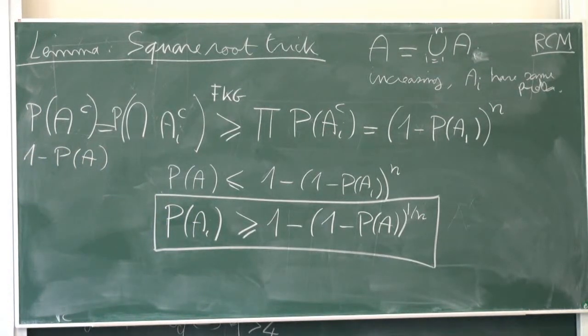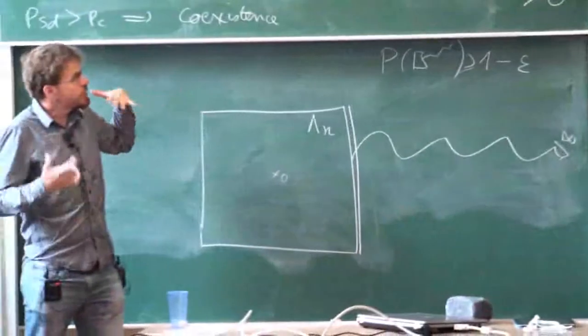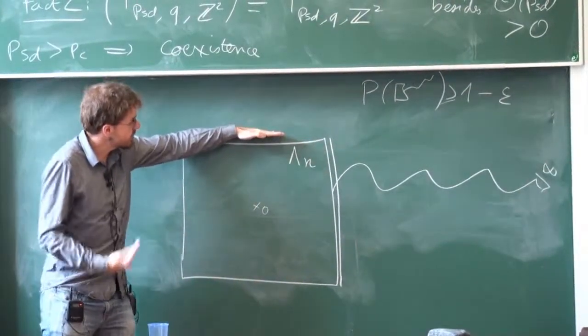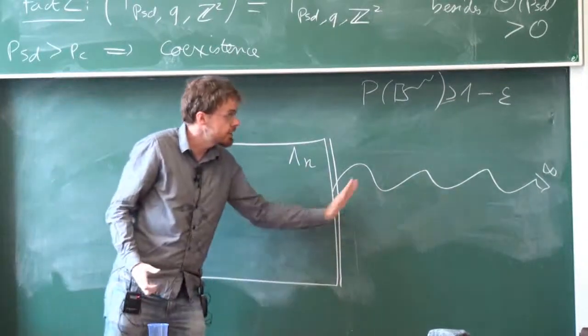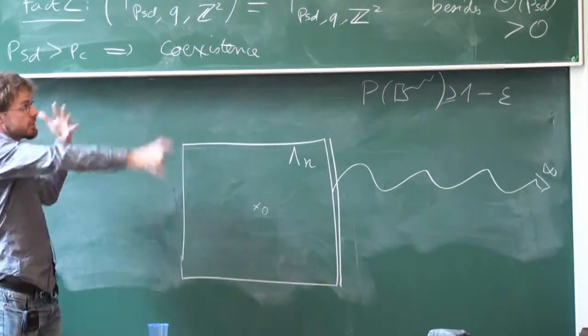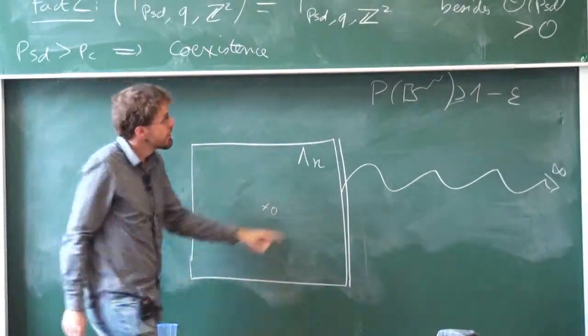If you want to apply this here, A will be the event that the box is connected to infinity, and you will split that into the union of 4 events, which are: this side is connected to infinity outside the box, this side, and that side. And these 4 events have the same probability because the model is completely symmetric with the reflections here.